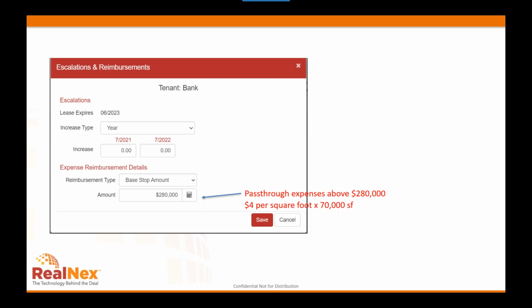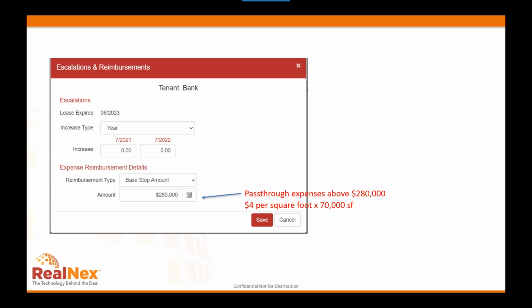So anything above $4 per square foot, which is $280,000, but you can put in the program, there's a little calculator thing there you see. You could actually put in the $4 and it'll calculate out that for this 70,000 square foot tenant, that translates into 280,000. So the idea being the owner is going to pay up to $4 per square foot. Typically, that would be what the expenses per square foot are at the time the lease is signed.